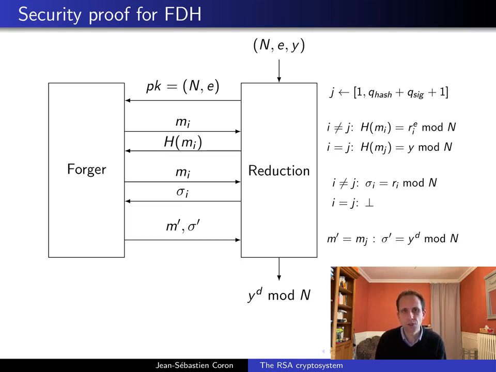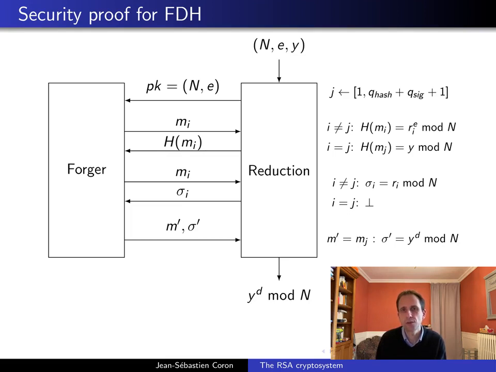And then the forger is going to make hash queries. When we receive a hash query from the forger, we must answer it, of course, and we distinguish two cases. If the index of the message mi that we receive is not equal to this specific index j that we have randomly selected initially, we say that the hash of mi is equal to ri to the e modulo n.